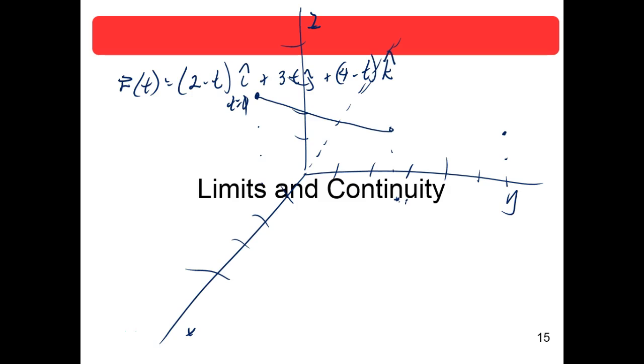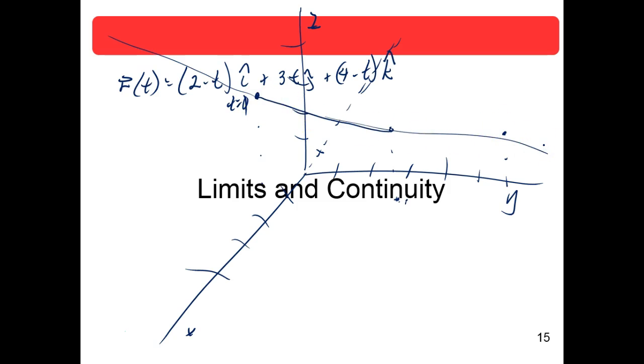Let's do 3 just to see. That would be minus 1i, which would be back here, 9j, even further out there, and 1k. So this is going to be a straight line.